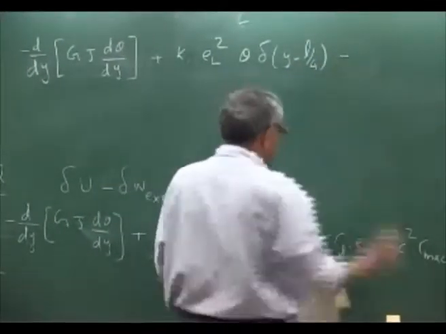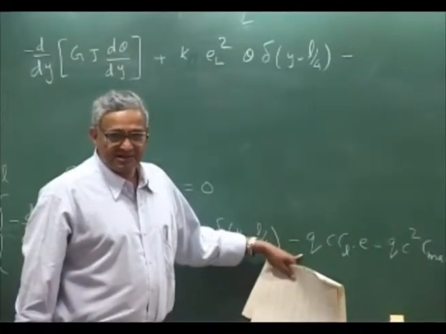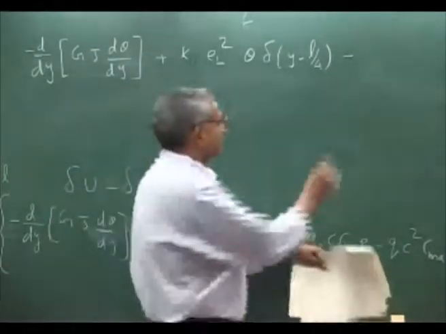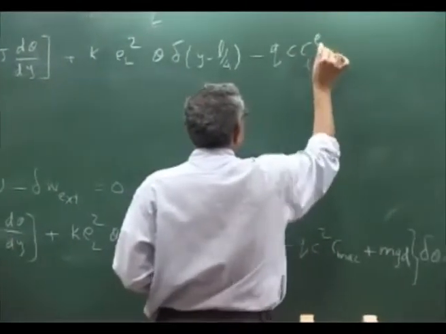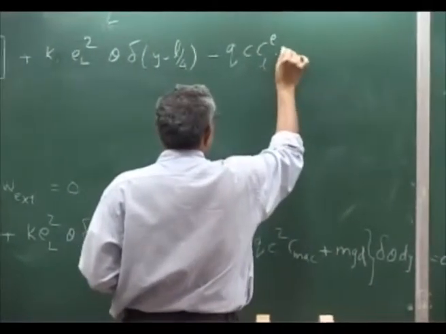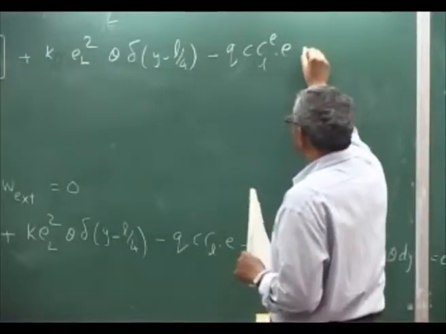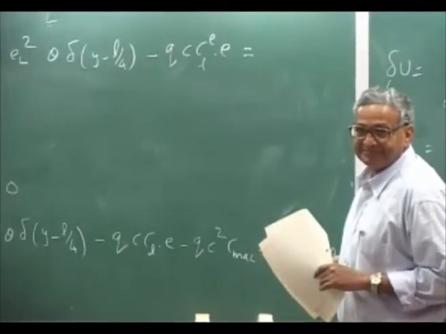This you again, if you want, you can split it into C_L rigid and C_L elastic. So if you split it, you will have minus q c C_L elastic into e, and then the rest of the terms I am shifting to the right hand side.